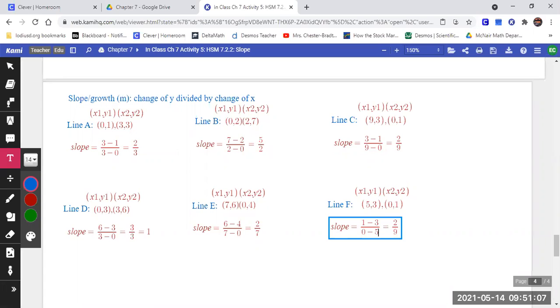So that the top to bottom are parentheses. Okay. Now, if I do 1 minus 3, what do I get? A negative 2. And if I do 0 minus 5, what do I get?